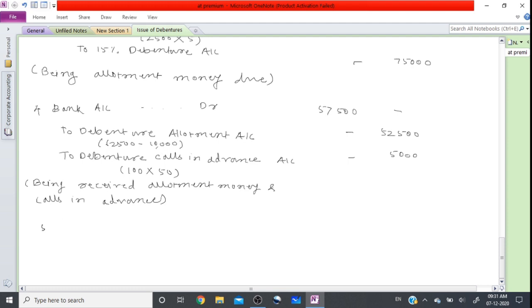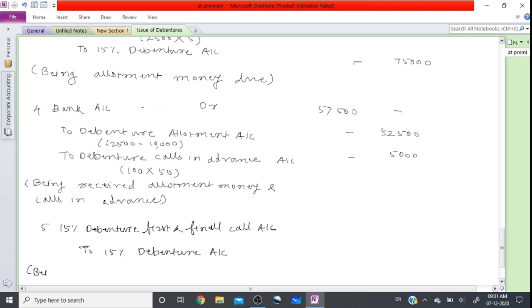Then number 5 entry, first call due and first call receive, right? So first call due entry: 15% debenture first and final call account to 15% debenture account.